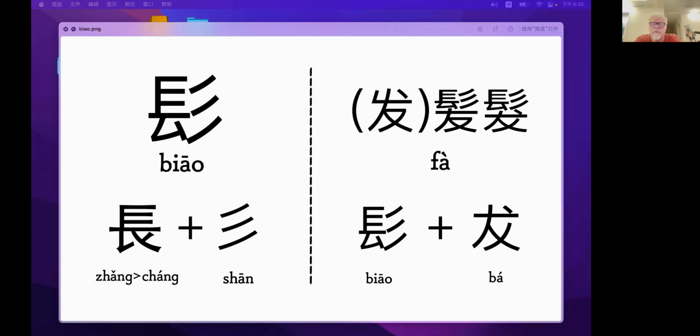And also on the bottom of the hair character, there was a phonetic that looked very similar to the fa side of the character for shoot.